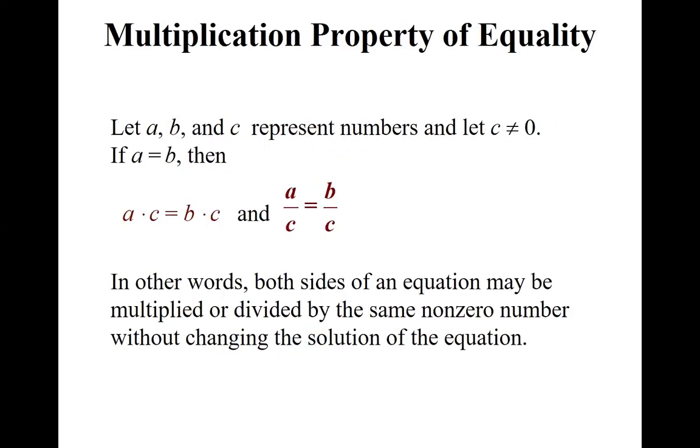We have a multiplication property of equality. In the addition property, we were able to add or subtract the same thing from both sides without changing the value. This property tells us we could multiply or divide both sides by the same thing and not change the value.